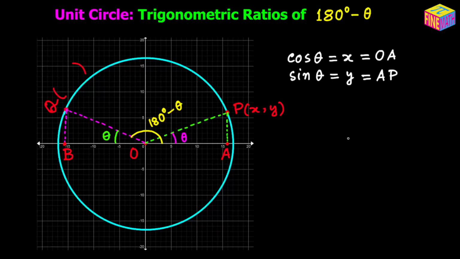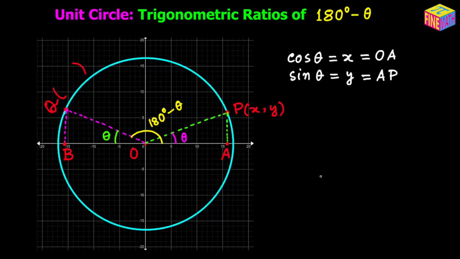Similarly, the angles APO and BQO will also be equal, because they will be 90 degree minus theta. So we have two little right triangles where the hypotenuse is of the same length, and the two adjacent angles on the hypotenuse are also of equal size. From the angle side angle axiom of congruent triangles, we can say that these two triangles are congruent.